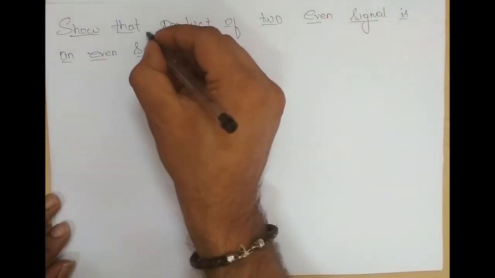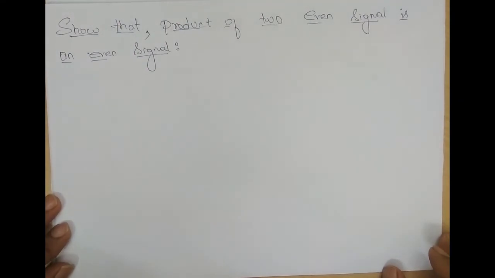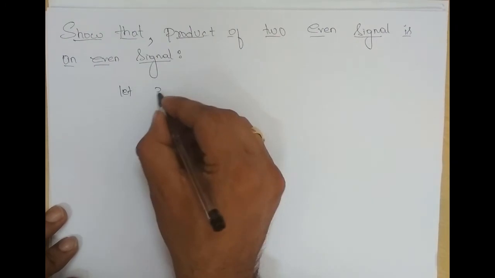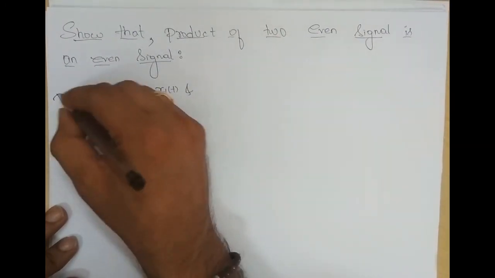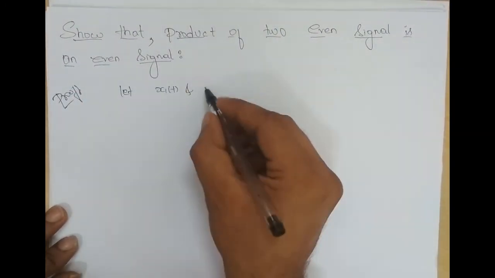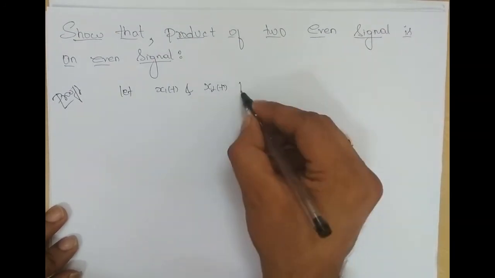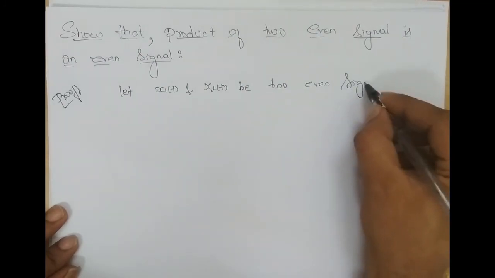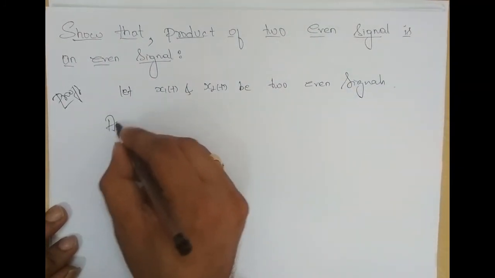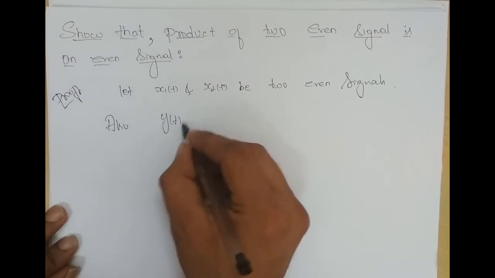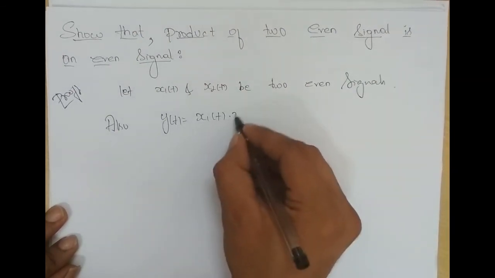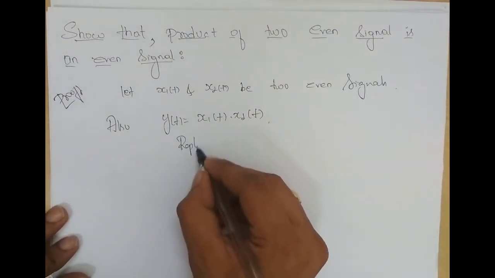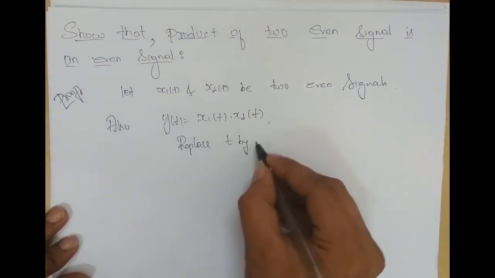Now show that the product of two even signals is an even signal. Okay, so same thing. Proof: let x1(t) and x2(t) be two even signals. Also y(t) is equal to x1(t) into x2(t), right? So replace t by minus t.